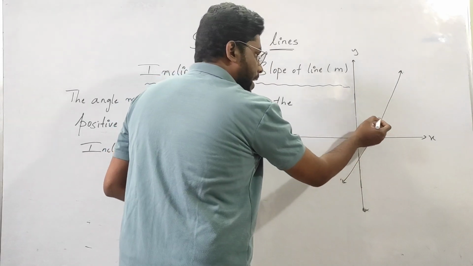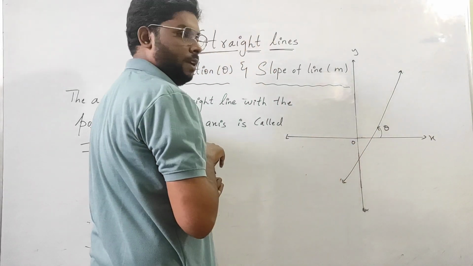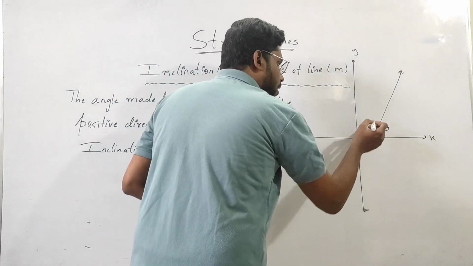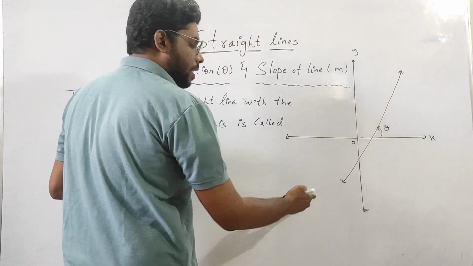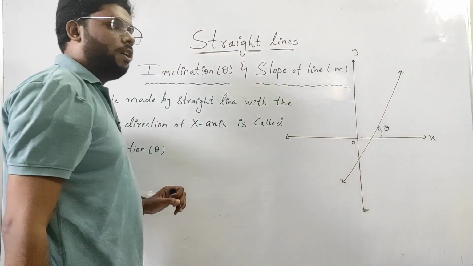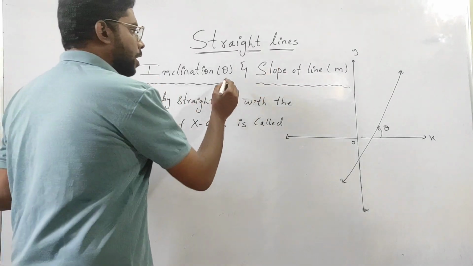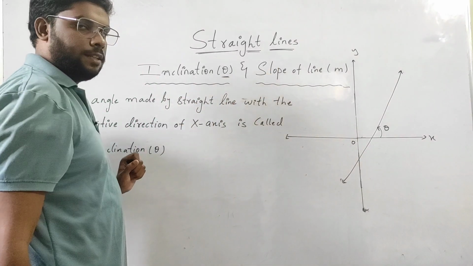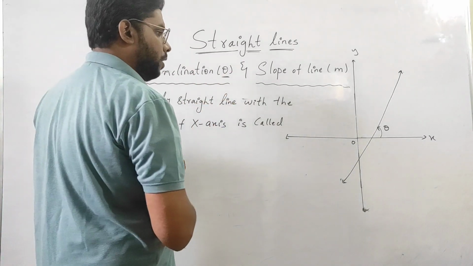In this direction the angle should be made with the x-axis. So this theta is called the inclination of the line. It is generally denoted by theta. Theta is nothing but the inclination of the line. I hope you understand this.